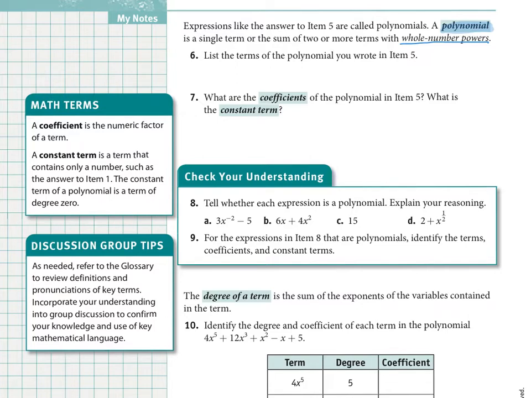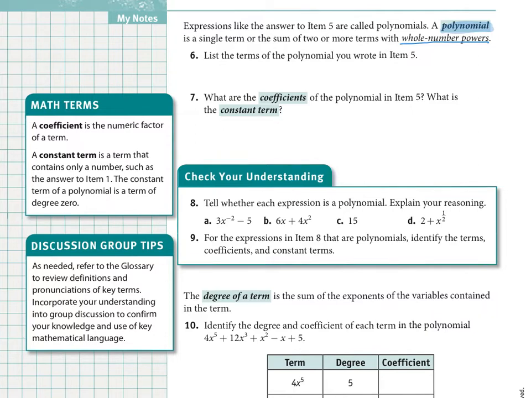So maybe we have 1, 2, 3, 4, 5, 6, and so on. We're also going to learn about maybe 0 being a possibility, but we're not going to have a half or 3 halves or 4/5, anything like that. So we have this new vocab word of terms. And we just learned that a polynomial is maybe 1 term, 2 terms, 3 terms, but we are adding different terms together.